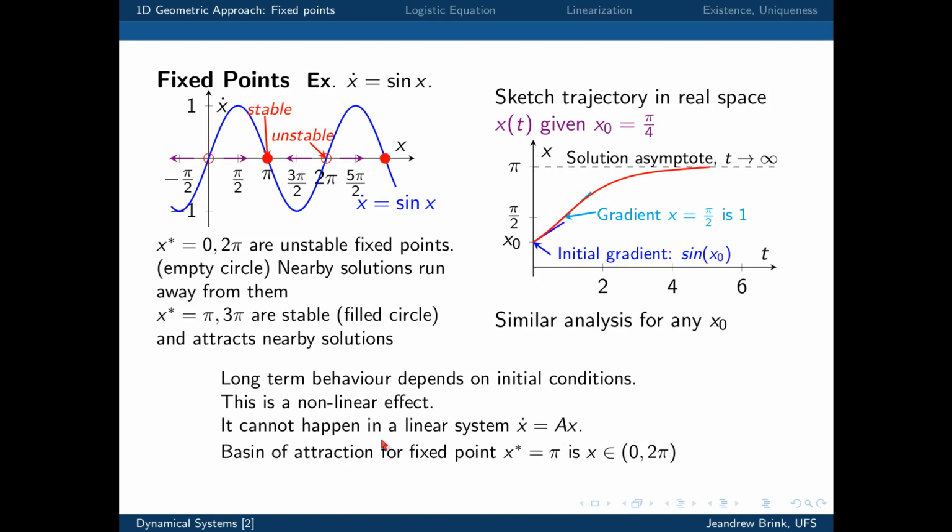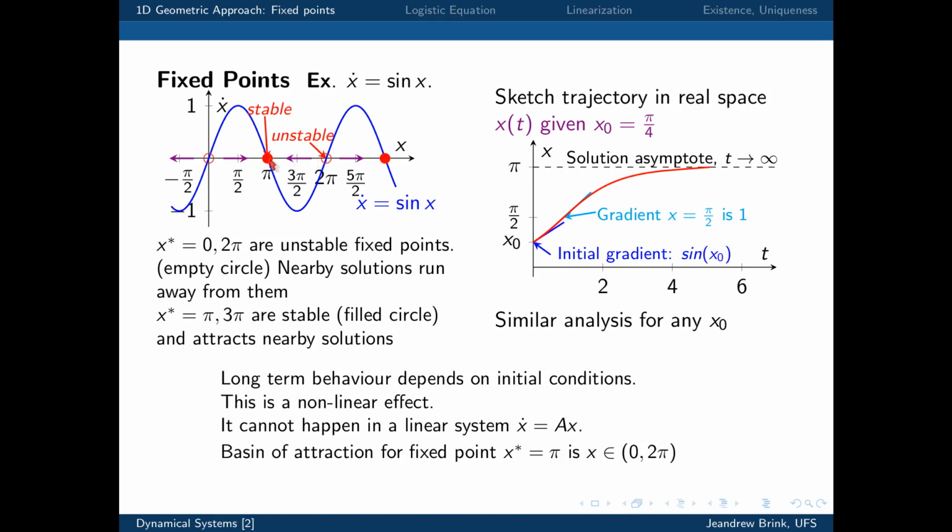Okay, and so I want to introduce another concept. It's basically the idea of a basin of attraction for a fixed point. And when you specify a basin of attraction, you have to always specify for which fixed point you are doing it. So for example, if you are considering the fixed point x star equals pi, then all the trajectories that start just away from 0 will run there, and all the trajectories that start on the right of it, say slightly less than 2 pi, are also going to go there.